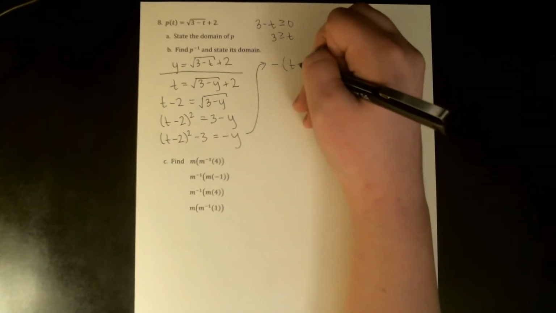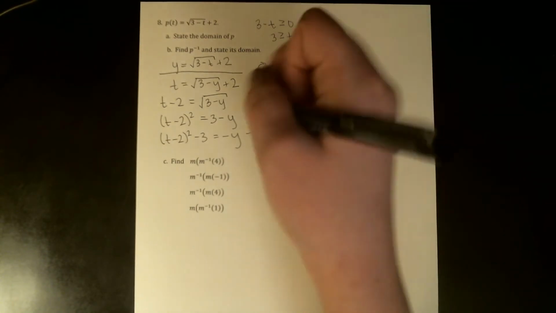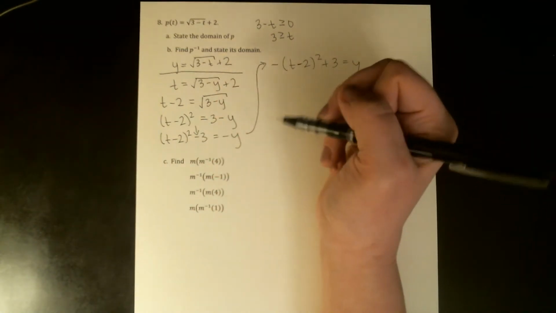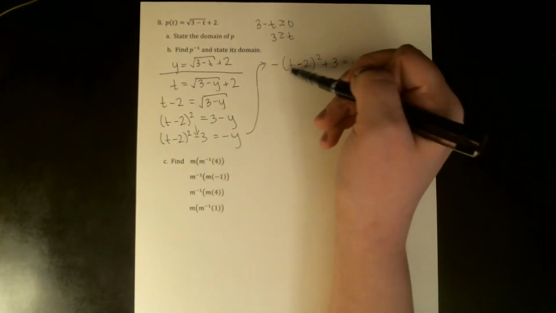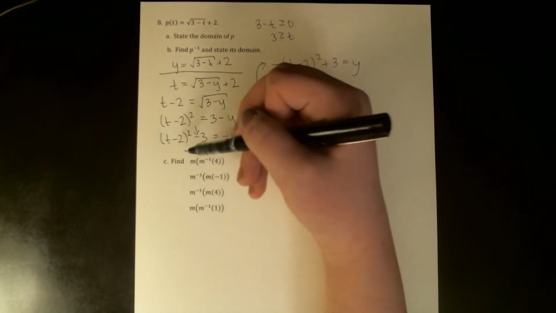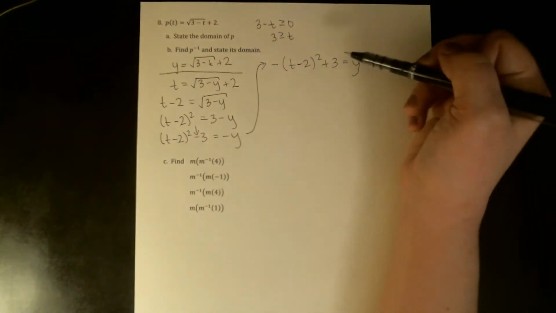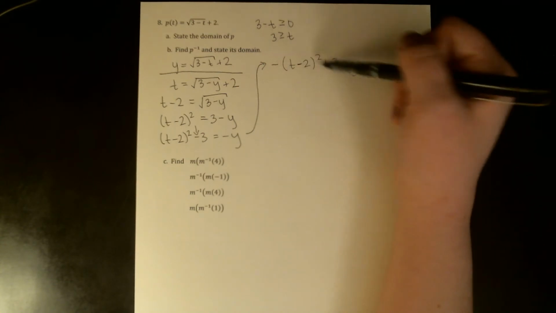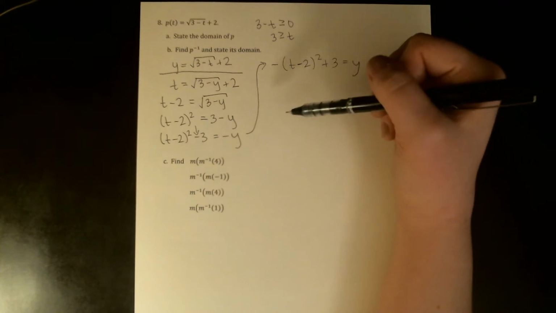Really careful on that multiply or divide, whichever way you want to think about it, by -1. There are two terms here separated by this subtraction. You can't distribute the -1 into the parentheses because you'd have to first square it. You do want to make sure that you multiply the -3 by -1 as well. If you'd like to square at this point and then distribute the negative sign and then add 3, you can do that.